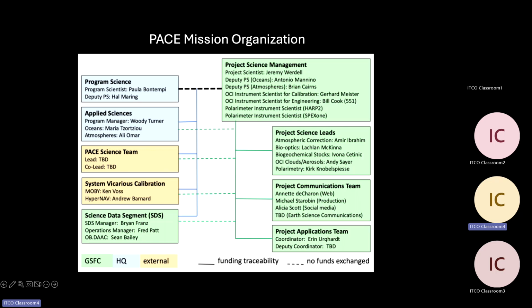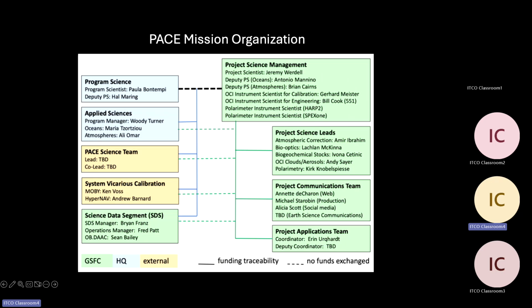You guys probably don't really need to know this, but you will be interacting with people on the project. So this is kind of the org chart. It's a little bit out of date: Paula has moved on, and Laura Lorenzoni is the program scientist. Essentially, we have people at headquarters. We have project science based at NASA Goddard, and there are these competed science and validation teams.